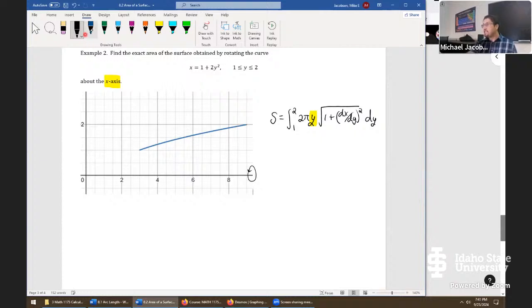Rotating about the x-axis will give us a picture that looks like this, schematically without drawing too much. Oh, this is the better way to draw it. We pick a variable y, it's going to go between 1 and 2. So here's a variable y. It connects with some point over here.